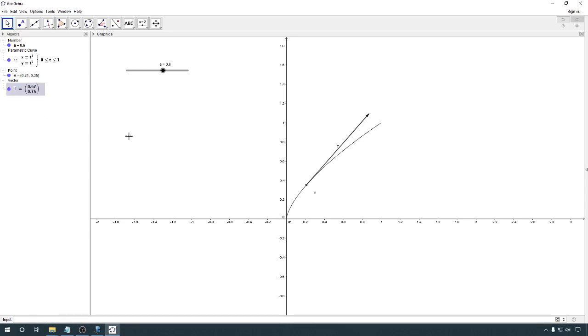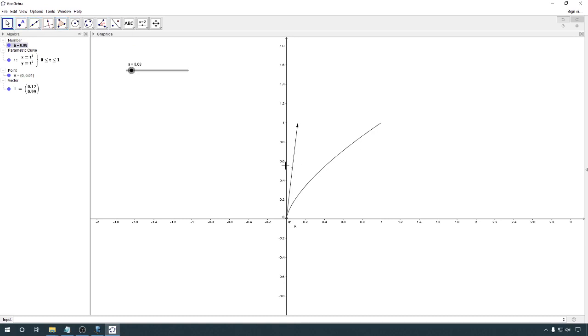There. Okay. Don't neglect to put the name of the function that you're using here. Okay. So we have a unit tangent t that's following our curve. It looks a little off at 0, but that's just because it does get really vertical there.